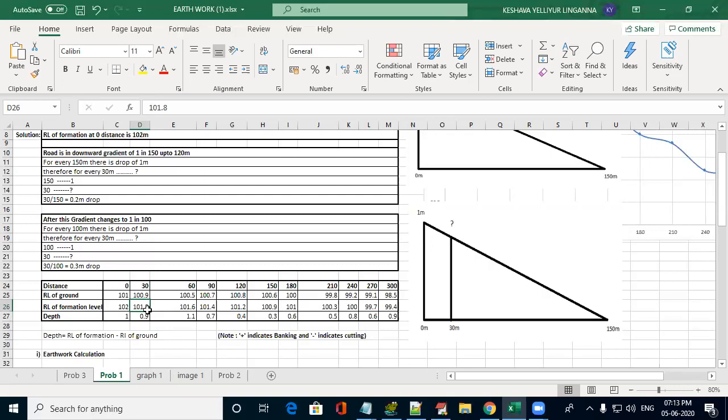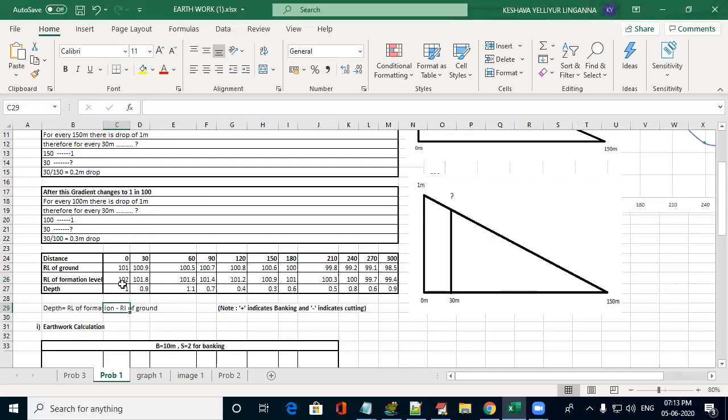Remember, since it is downward gradient, we should reduce this value. If they say upward gradient, that is rise, then we have to increase the first value by 0.2. Since it is downward gradient, the RL should reduce from the previous value. That's why 102 minus 101.8.